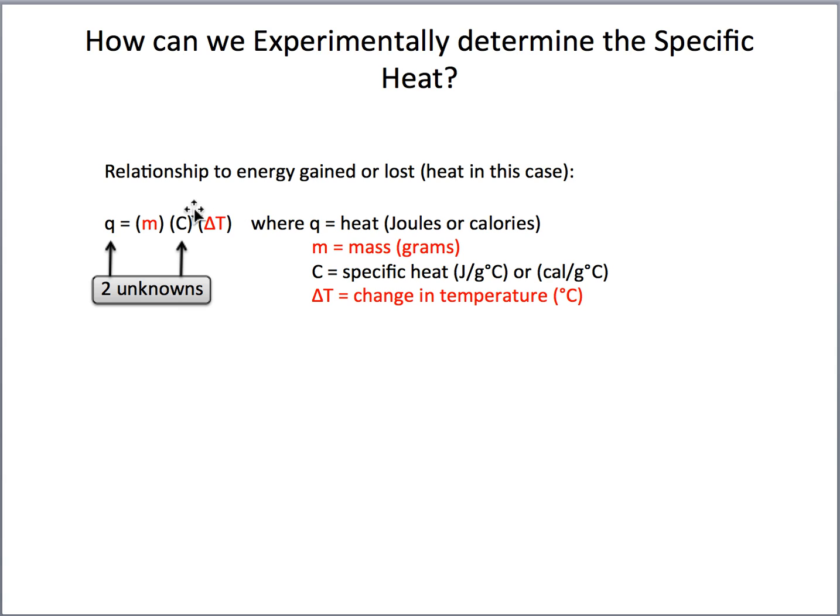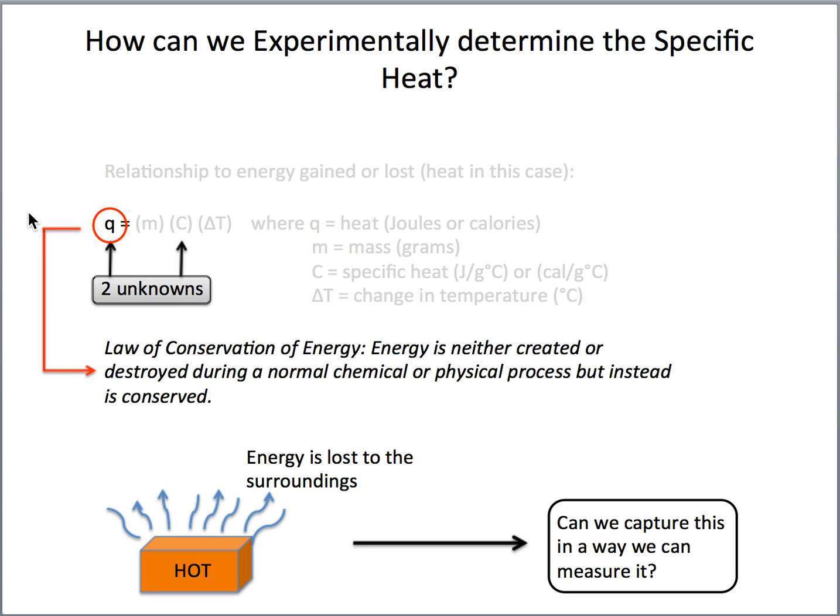But the specific heat's what we're looking for, and Q, the heat gained or lost, can be difficult to quantify directly. So we need a way around this, and we can come up with a way if we revisit the law of conservation of energy, right? And that's that energy is neither created or destroyed during a normal chemical or physical process, but instead is conserved.